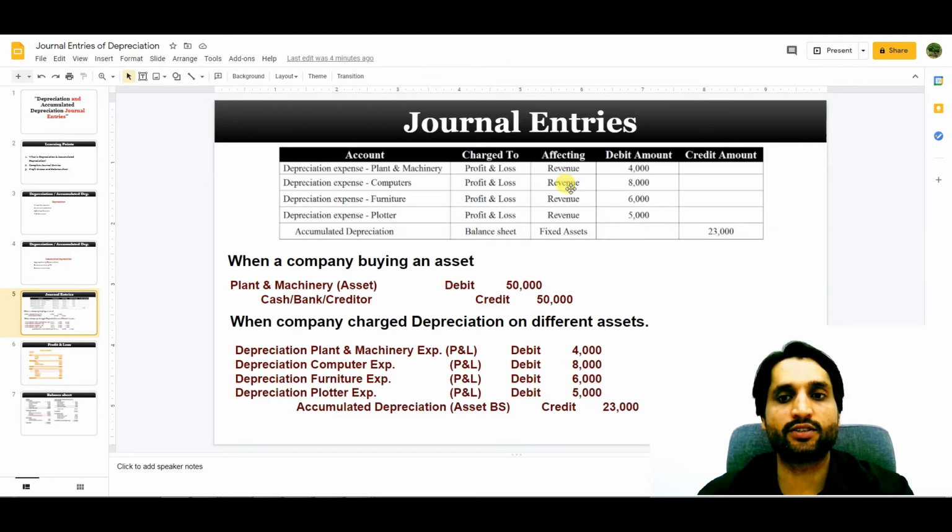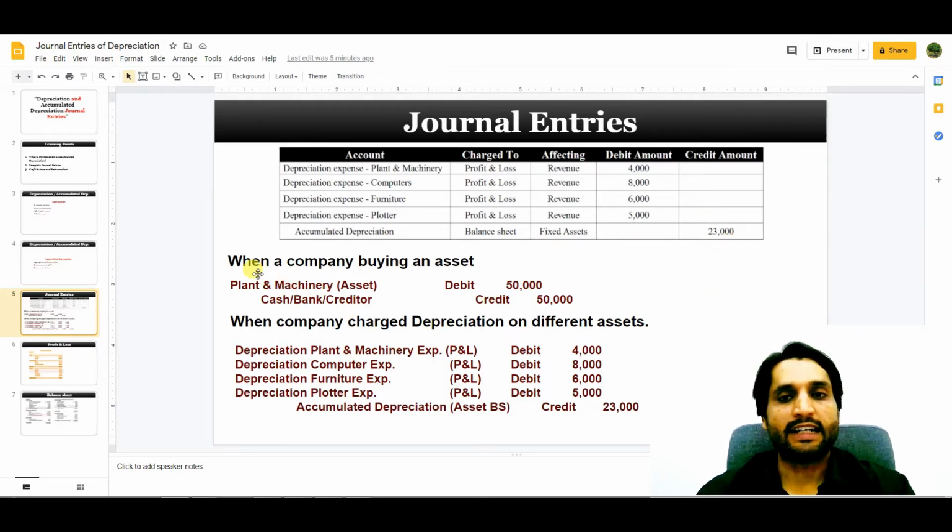So it is 8,000 debit. Same for furniture, 6,000, and plotter expense, 5,000. So accumulated depreciation is charged to the balance sheet under the fixed assets as credit. The aggregate value of all these assets should come as credit under the fixed assets.